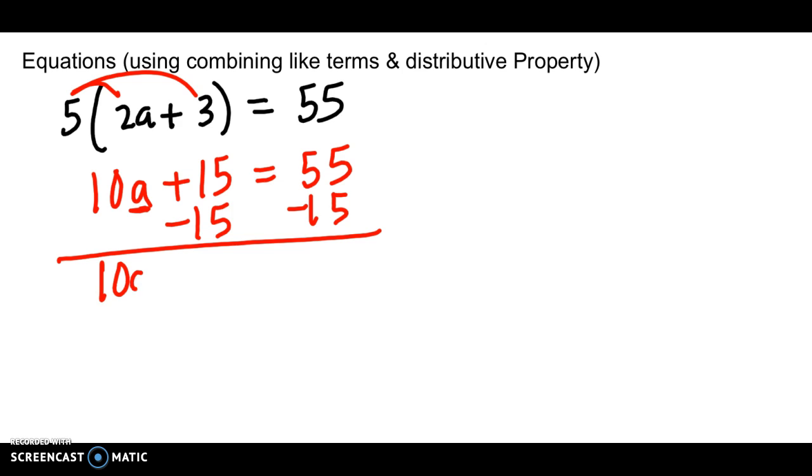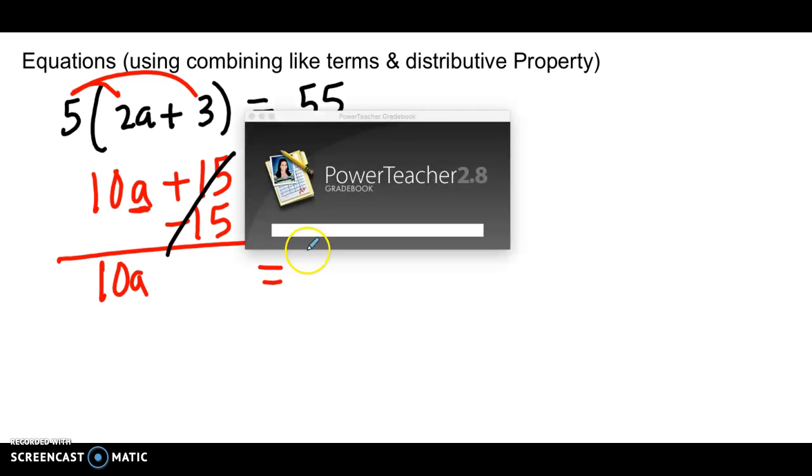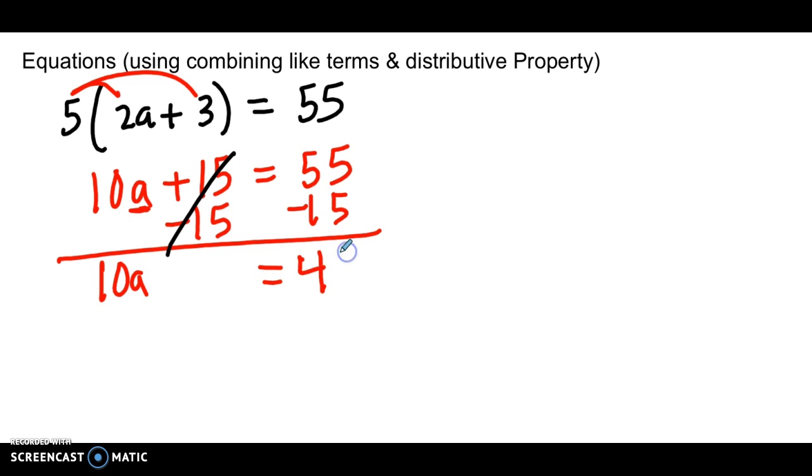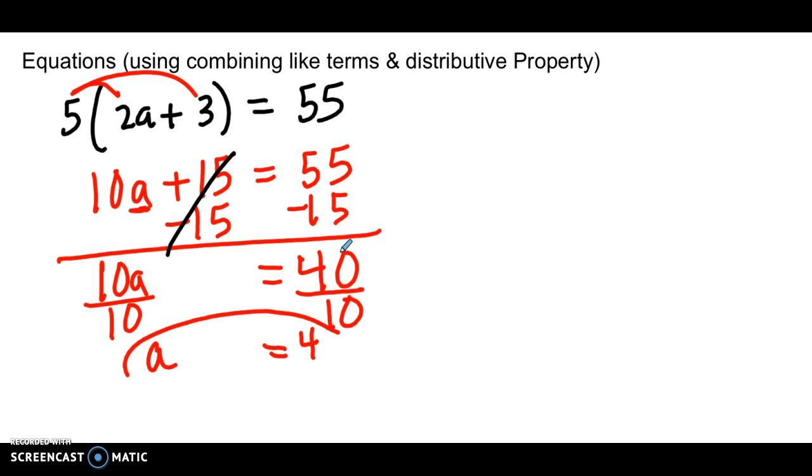So we bring this down, and plus 15 and minus 15 is 0. And then bring your equal sign down, and then 55 minus 15 is 40. We can divide both sides by 10 to get the a by itself, and 10 over 10 is just 1, so that's 1a, or a, and 40 divided by 10 is 4.